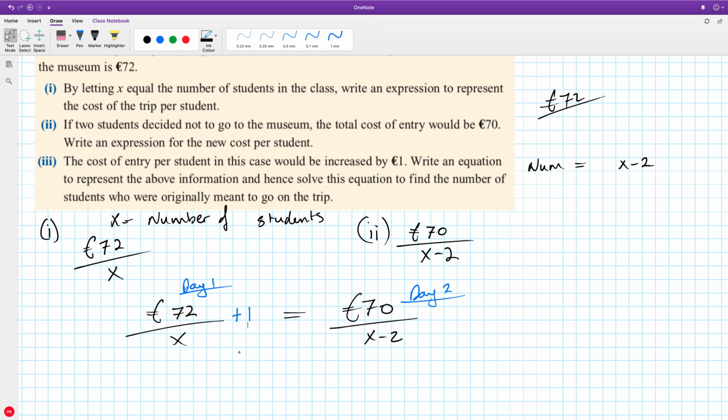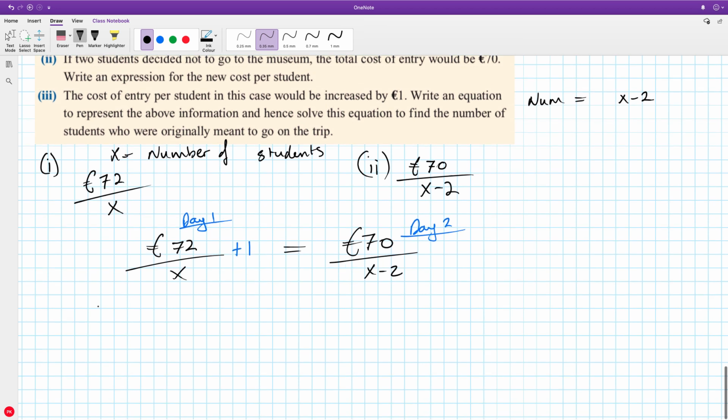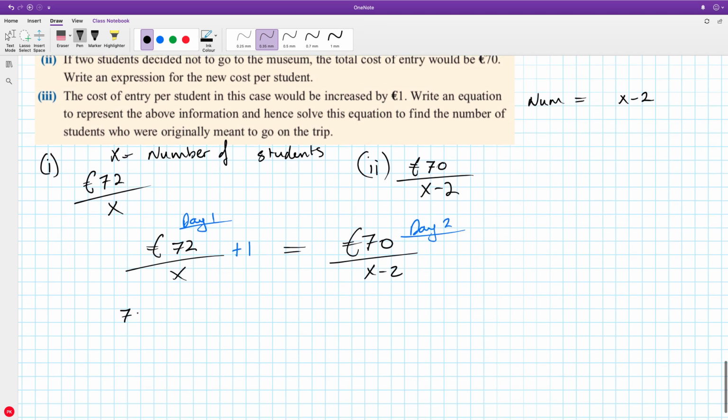You've got to make it equal. So now it just becomes a fraction equation. 72 over X plus 1 minus 70 over X minus 2 is equal to 0.